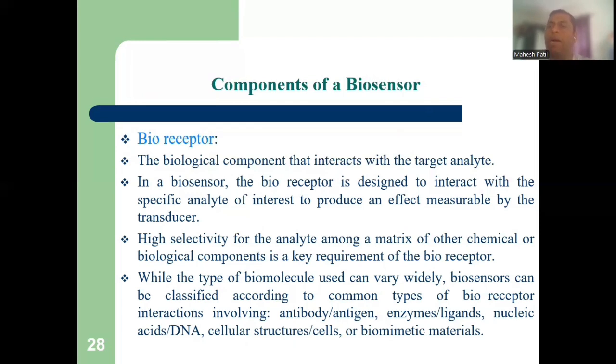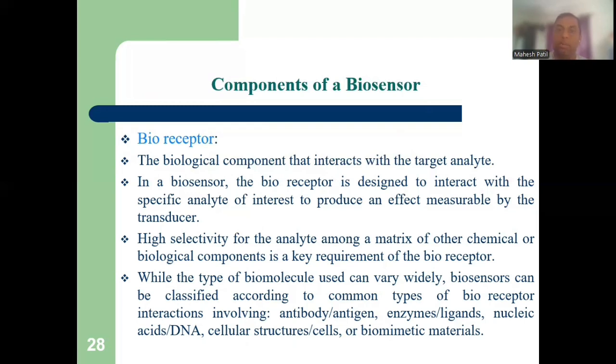The bioreceptors can be classified according to the common types, and what kinds of interactions they involve: whether it is antigen-antibody, enzyme-ligand, nucleic acid, DNA, cellular structures, cells, or any biomimetic materials.